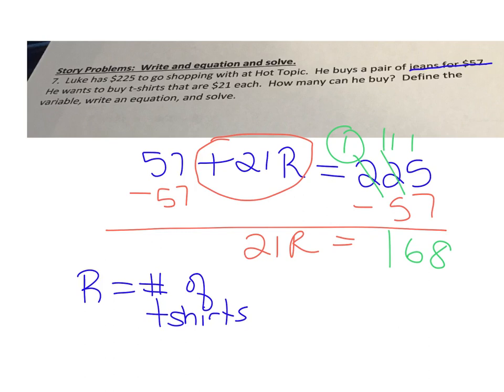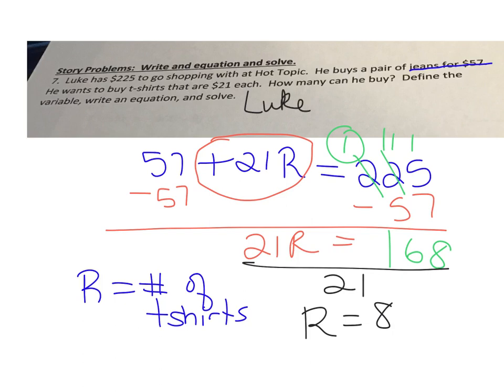So I have 21R equals 168. So I'm going to divide both sides by 21. And what I get is R equals 8. So what's that R mean? What that means is Luke has enough money, he can buy 8 t-shirts. So, and you always write the answer in a sentence, Luke can buy 8 t-shirts.